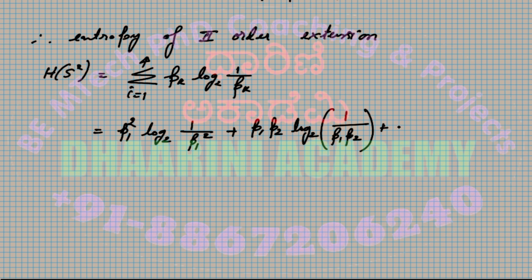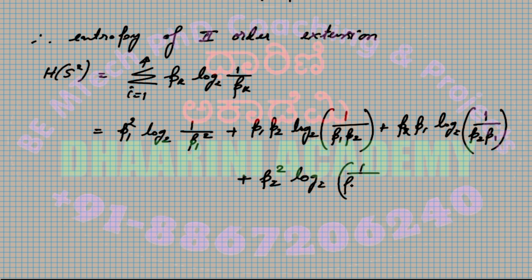Plus the next set is once again P2 P1, log to the base 2 of 1 divided by P2 P1. And the last term is P2 squared, log to the base 2 of 1 divided by P2 squared. Sorry, my mistake, let me correct that.